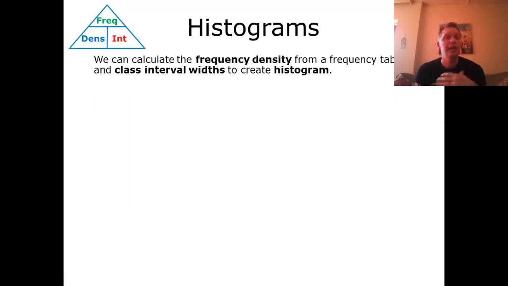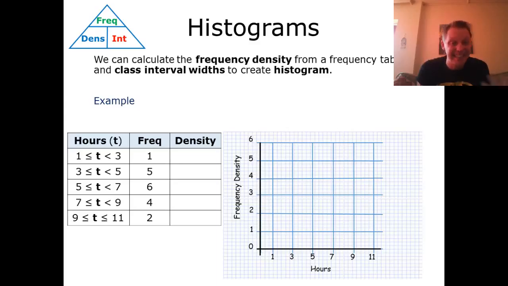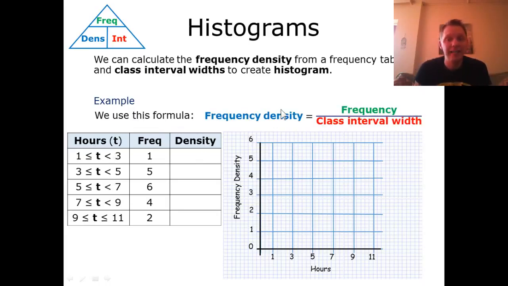Now going to actually calculate frequency densities from this table. So I've got my frequencies and I've got my class intervals. So my frequency density equals my frequency divided by my class interval. So my frequency for my first is 1. My class interval is a width of 2. So 1 divided by 2 gives me 0.5.